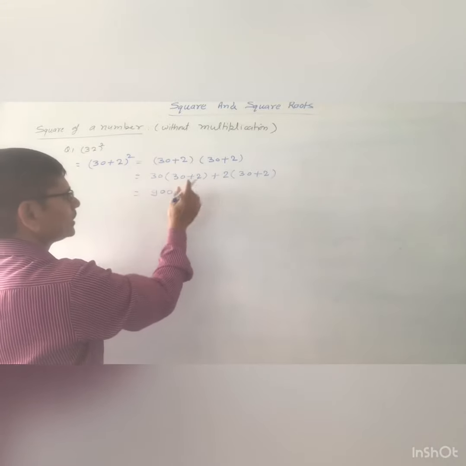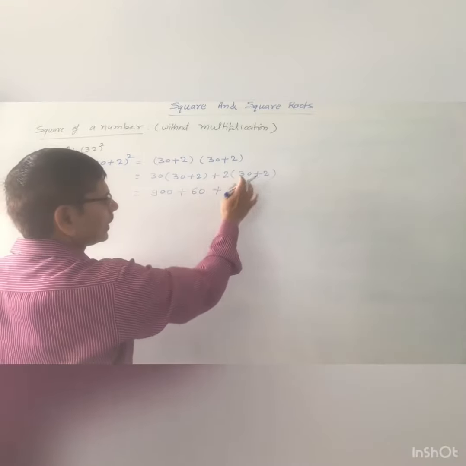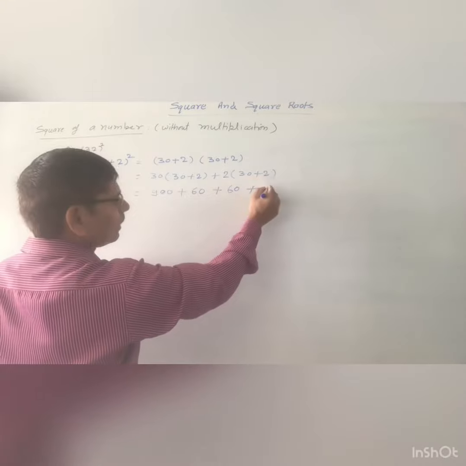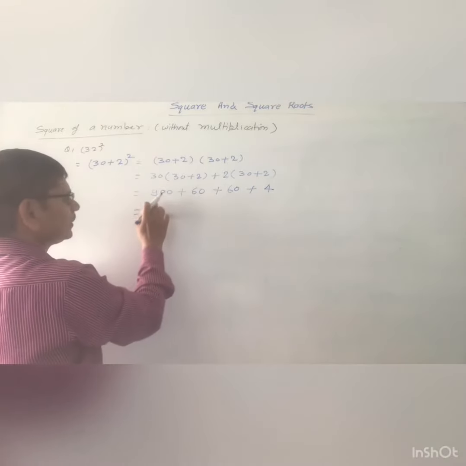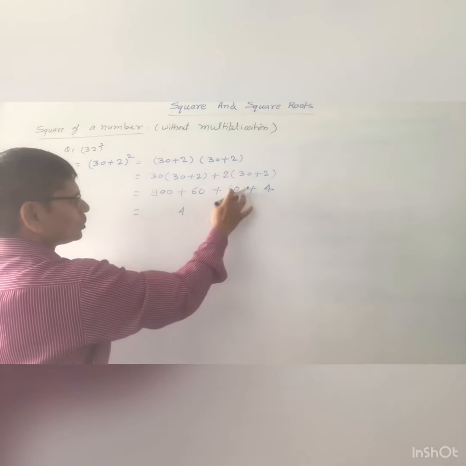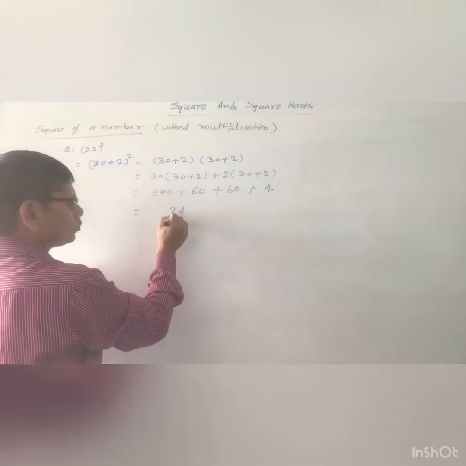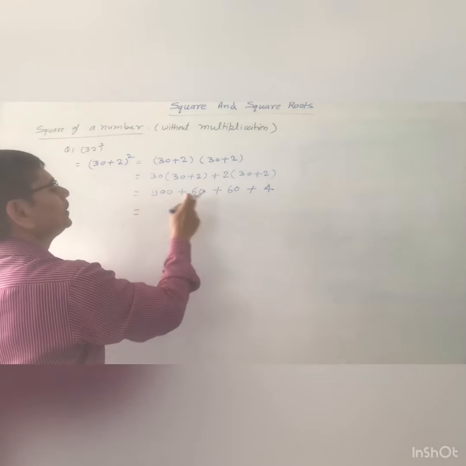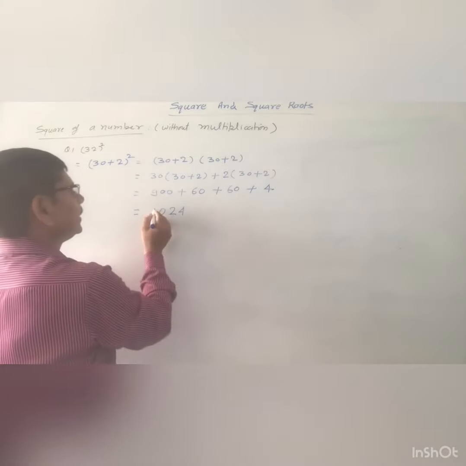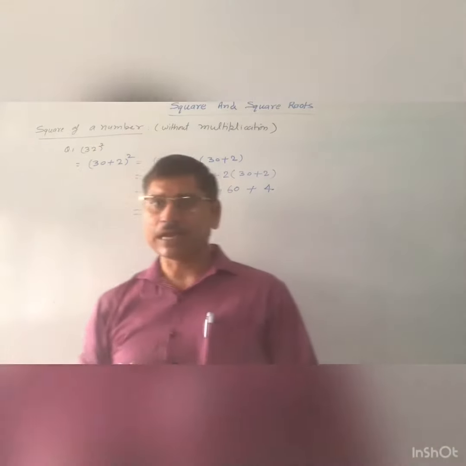And 3 2 is 6, that is 60, and plus 2 3 is again 60, and plus 2 2 is 4. So what you get: 4, then 0 0 0 means 4, and 6 6 12 and 0. So you write 12 and 9 and 1 is 10. 1 is the carry. So you write this, that is 1024. This is the square of 32.